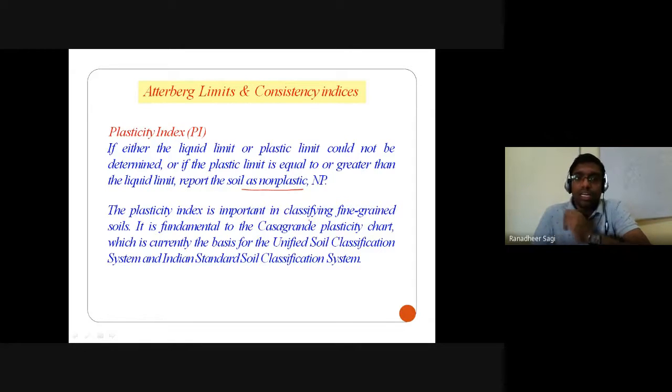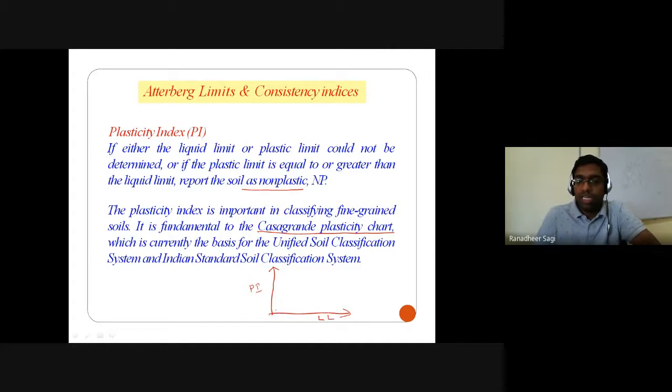It's a fundamental term which is very useful for us in understanding what is called Casagrande's plasticity chart, where Casagrande developed a plasticity chart to understand the plastic nature or plasticity characteristics of a particular soil. It is a graph plotted between the liquid limit value indicated on the horizontal axis and the plasticity index value represented on the vertical axis.